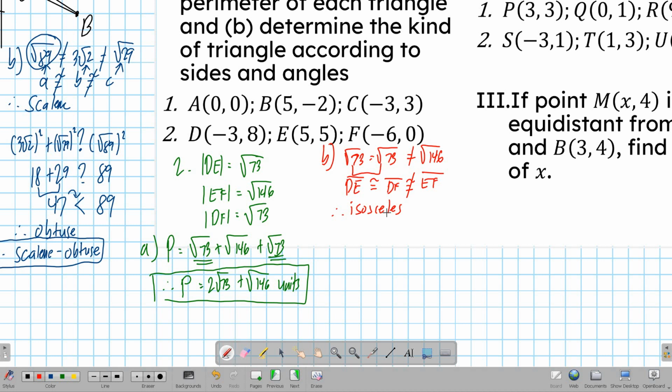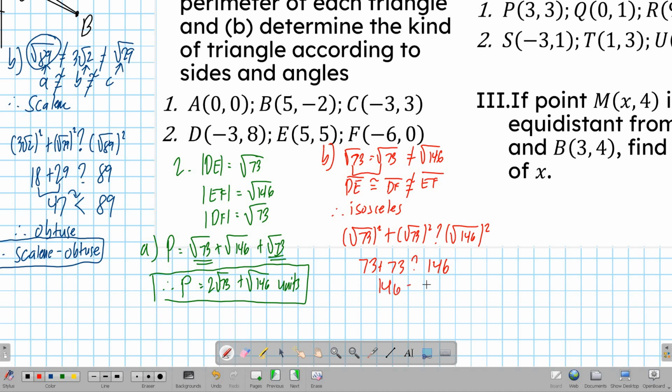Now, since it looks like 146 is the largest, we compare square root of 73 squared plus square root of 73 squared with just square root of 146 squared, again the largest. Based on this, that would be 73 plus 73 compared to 146, which, as you can see, is equal.